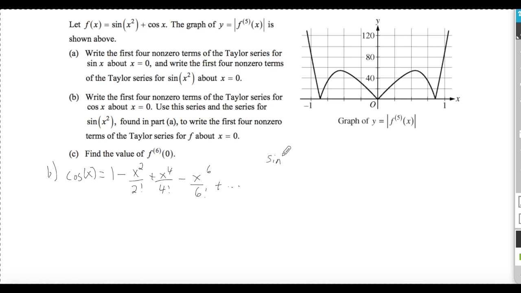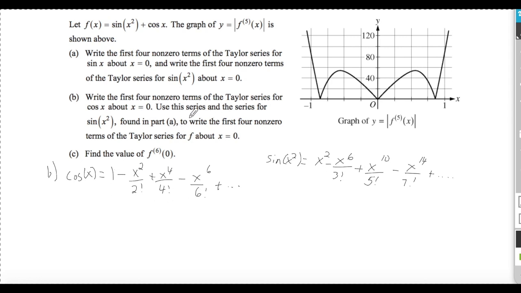My sine of x squared series that I found ended up being x squared minus x to the 6th over 3 factorial plus x to the 10th over 5 factorial minus x to the 14th over 7 factorial plus so on and so forth, right? That was the series I found for sine of x squared in the previous problem.